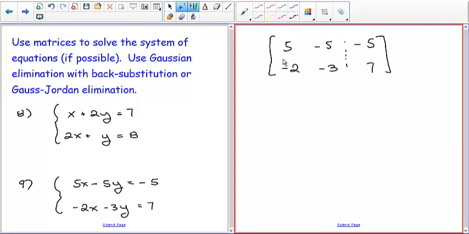Then you look to see, can I divide either one of these by a common factor and avoid fractions? And the answer would be yes. So we're going to take row 1 and divide it by 5. So we take each one of these divided by 5, you get 1, minus 1, minus 1. Row 2 stays the same, and we end up with that.